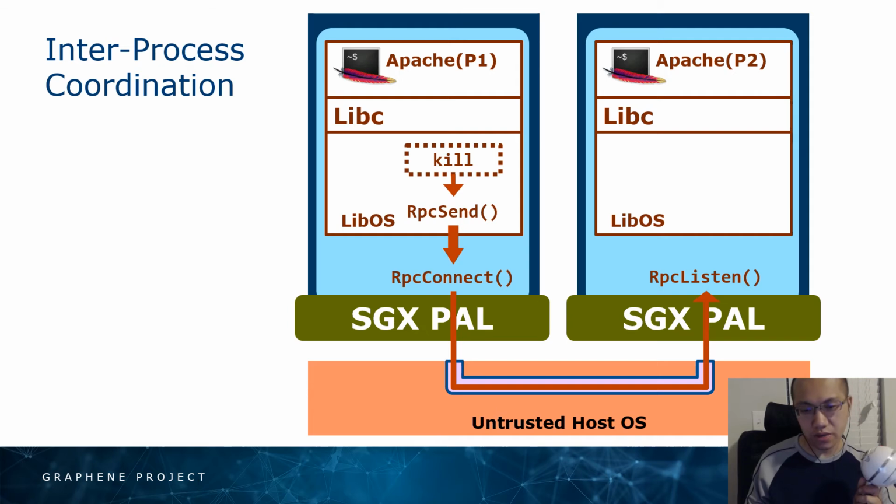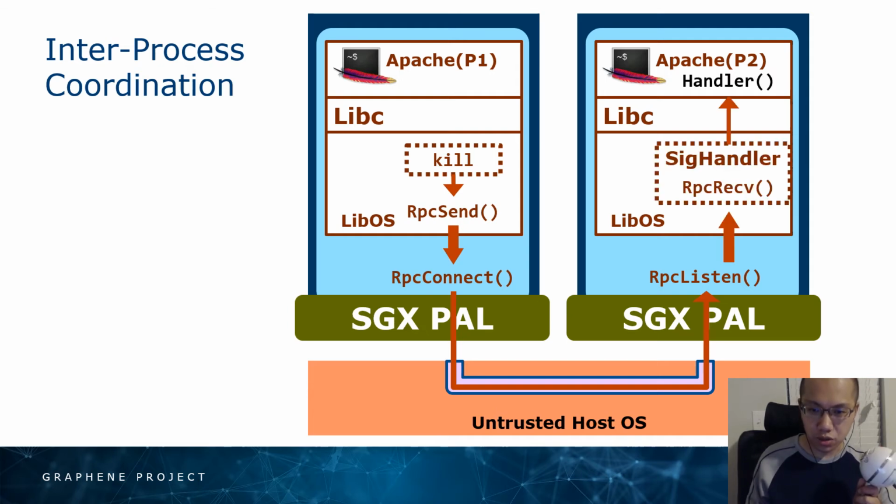Eventually this will be captured by the signal handler, and this will trigger the actual handler inside the second process. So as you can see, the whole thing does not require sharing any memory between these enclaves, and the only thing you need is a pipe inside the host so that these two SGX PALs can send messages on this pipe.